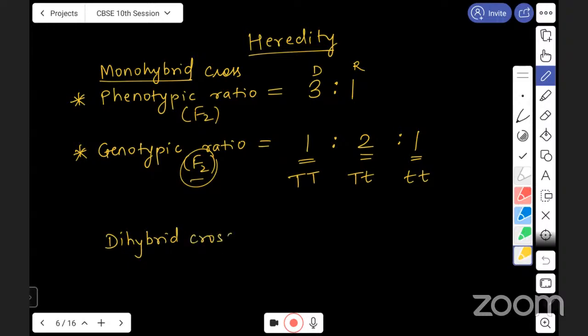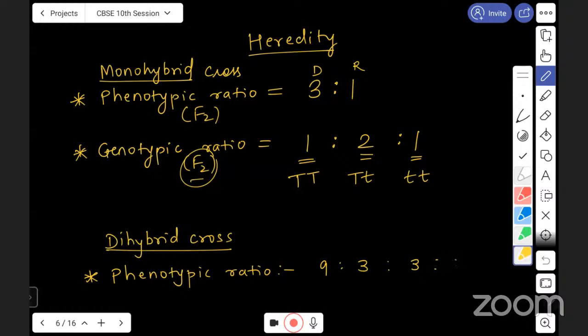Dihybrid cross. Here mainly remember the phenotypic ratio. The genotypic ratio is not in the scope of your syllabus. You should know the phenotypic ratio, that is 9:3:3:1. You have already studied this in class. You make the dihybrid cross. In the F2 generation you get 4 types of plants phenotypically. 9 plants out of 16 show both dominant characters.